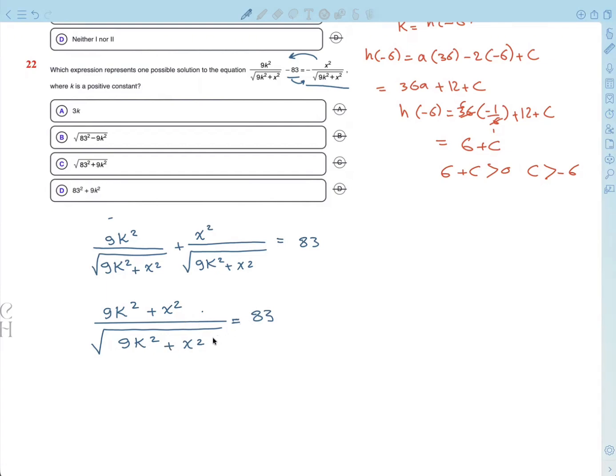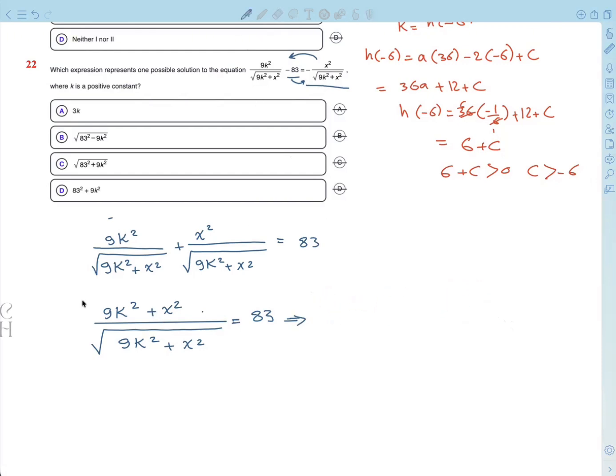You can make cross multiplication, or you can write this numerator as the product of root 9k squared plus x squared times root 9k squared plus x squared, all over this denominator equals 83, and you can cancel the numerator with the denominator. But I have an easy method to answer this question.